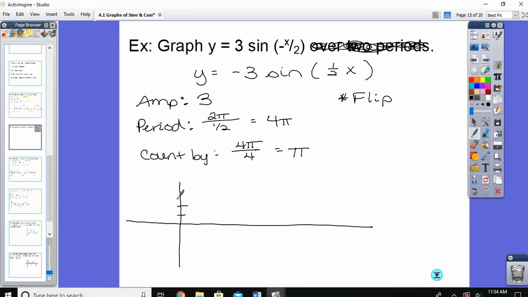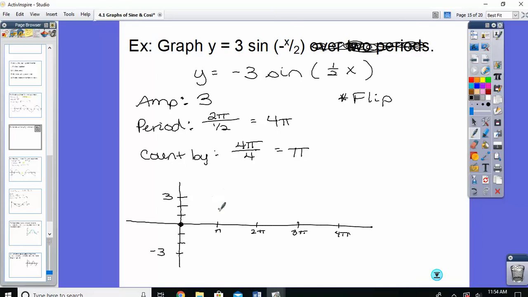Amplitude of 3. Counting by pi, so we've got 0, 1 pi, 2 pi, 3 pi, and 4 pi. Where does sine normally start? At 0. So flipping it doesn't change that.